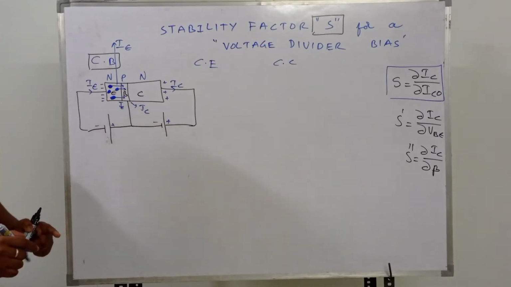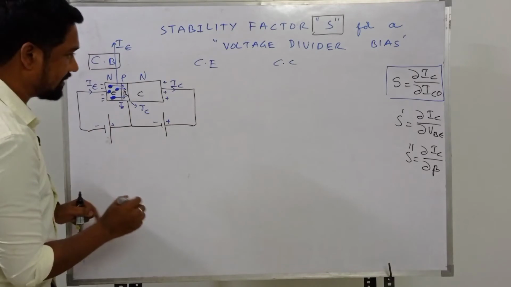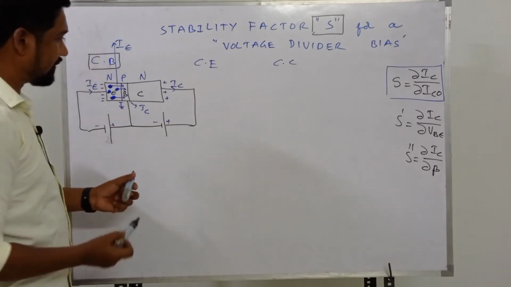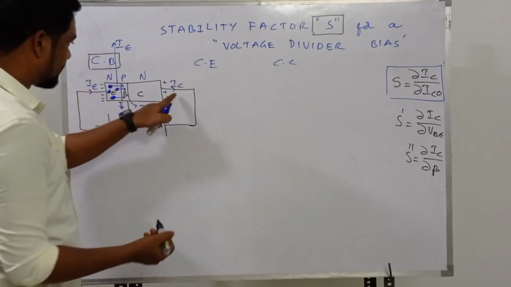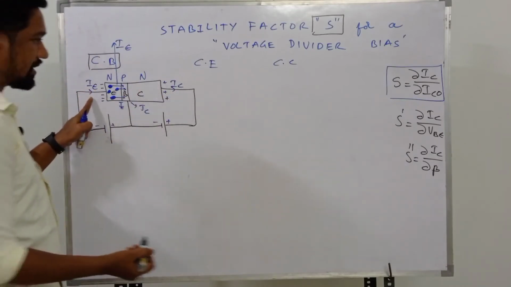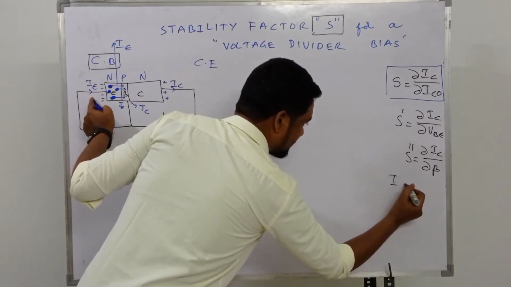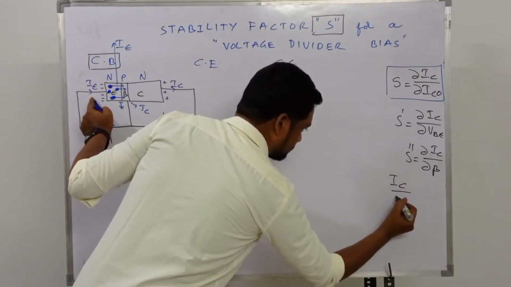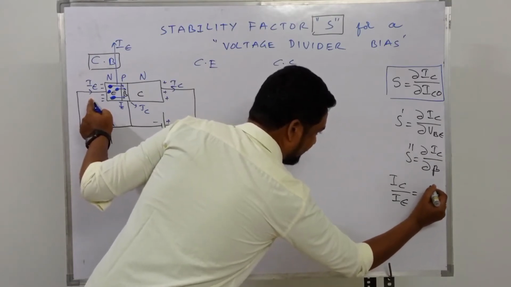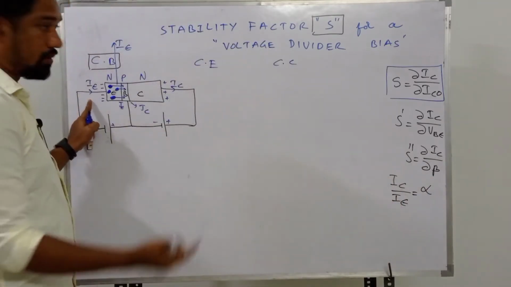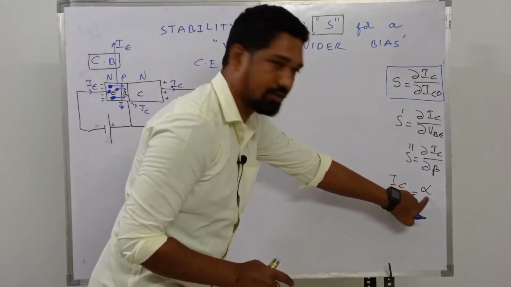From this we have a very important relationship. Current gain: what is gain? Output by input. As far as common base is concerned, we have a very important factor to be remembered throughout this discussion. Output is the collector current and input is the emitter current, so output current IC upon input current IE gives alpha. For the common base configuration, the current amplification factor is alpha.